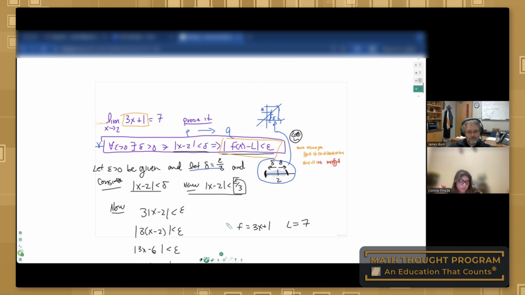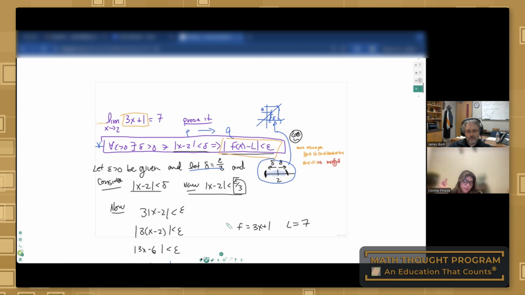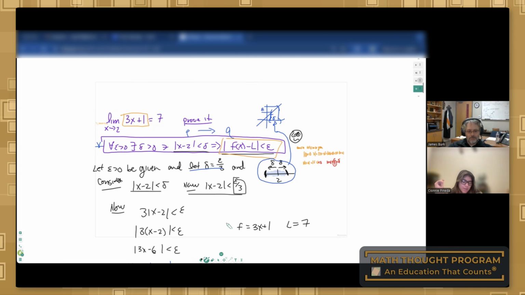Then you're going into considering the following. So we start off where we ended basically. So the 3 times the absolute value of x minus 2 less than epsilon, and then going backwards now. I'm absorbing the 3 back into the absolute value, and then I distribute the 3.